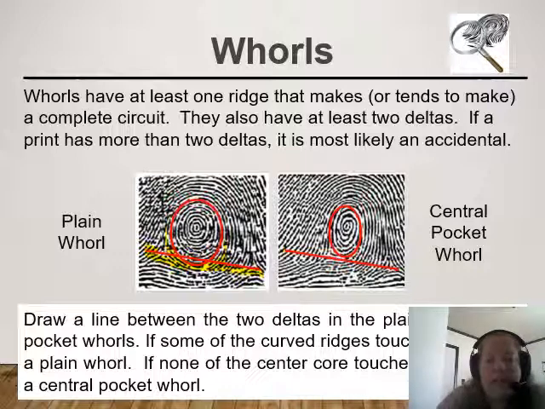If you draw that line between those two deltas and none of the center core touch the line, then you have a central pocket whorl.